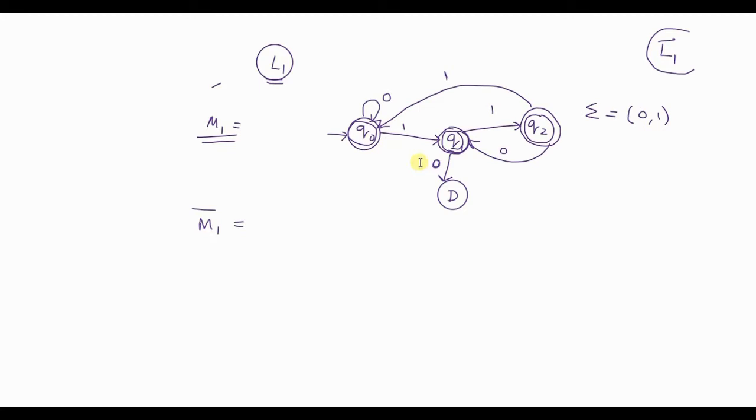Now don't do it for the dead state. Remember, we are not supposed to do this for the dead state. The dead state is an extra state. Step 1 and step 2, whatever we are doing, we apply only to the original states, not to the dead state. And Q2 over here, which was a final state, is no longer a final state, so make it a non-final state.